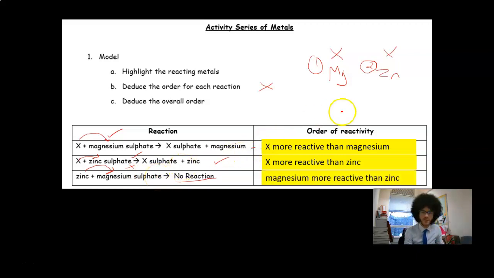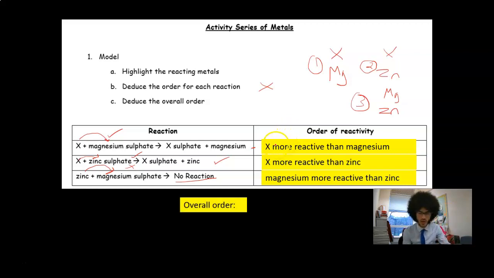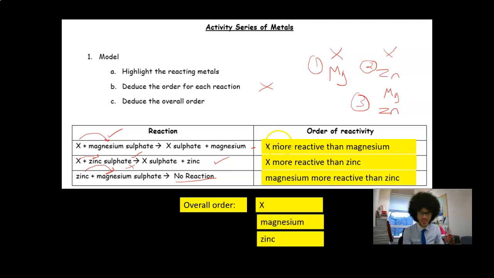That's my final clue, because then I know that magnesium is above zinc. So if I put this together in a reactivity series with all three metals, X is at the top, magnesium is next, and then zinc is third. That question comes up quite a lot, so just be aware of that. And that's it. I hope that's been helpful, and best of luck with your questions on reactivity series.